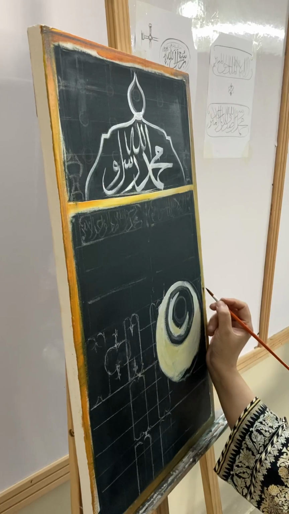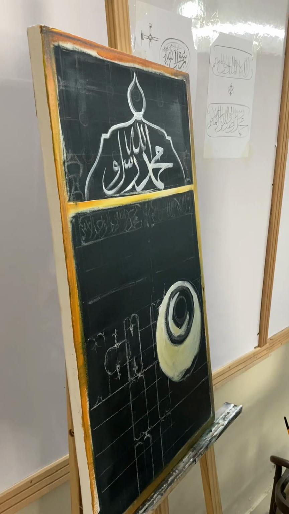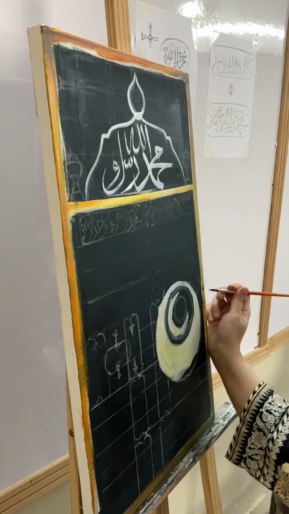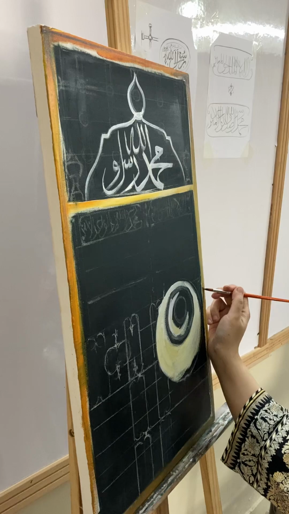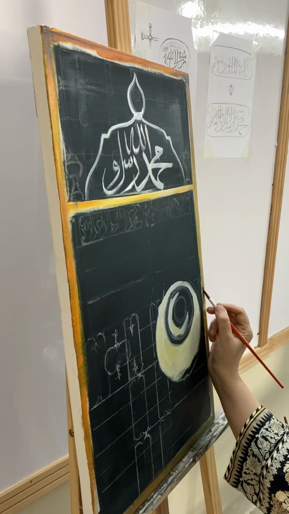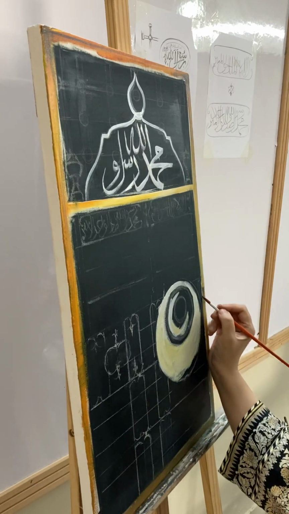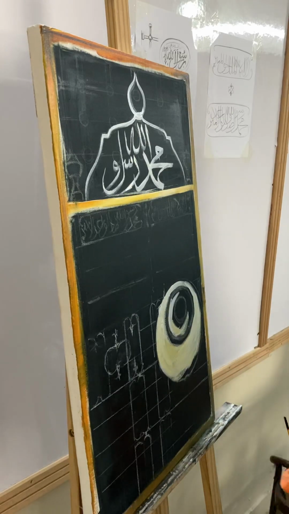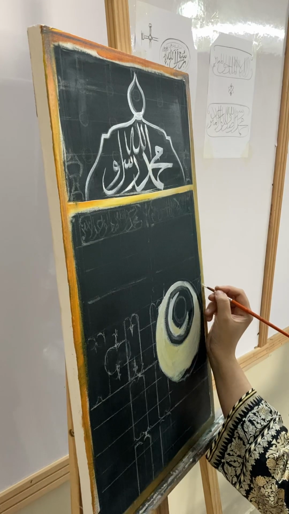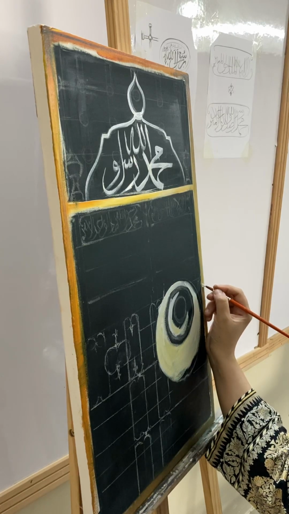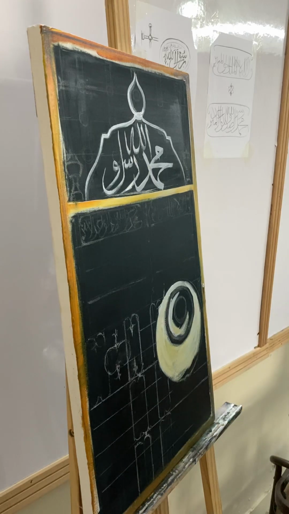I usually use diluted colors. Dilute them with water, smudge them on the piece of cloth that I am using, and then use a diluted version of the color. We have screws here too in this part.